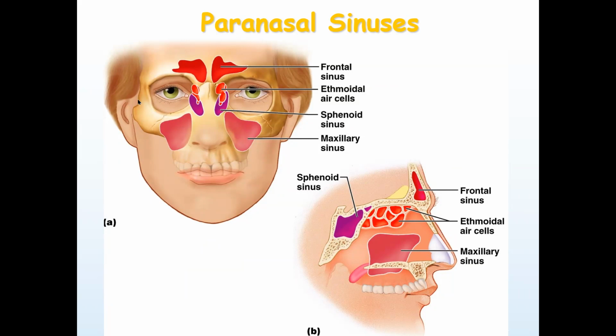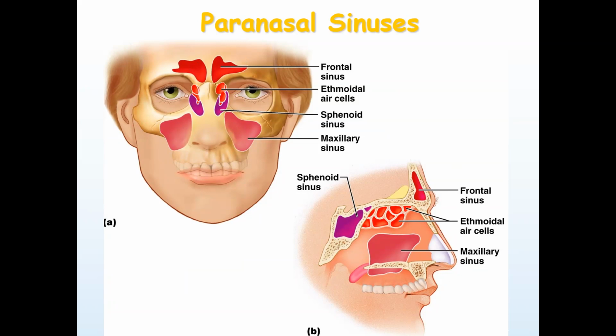Now, the frontal sinus is in the frontal bone. So that makes it easy to remember, right? Frontal sinus, frontal bone. Now, the ethmoid sinuses are, no surprise, associated with the ethmoid bones.